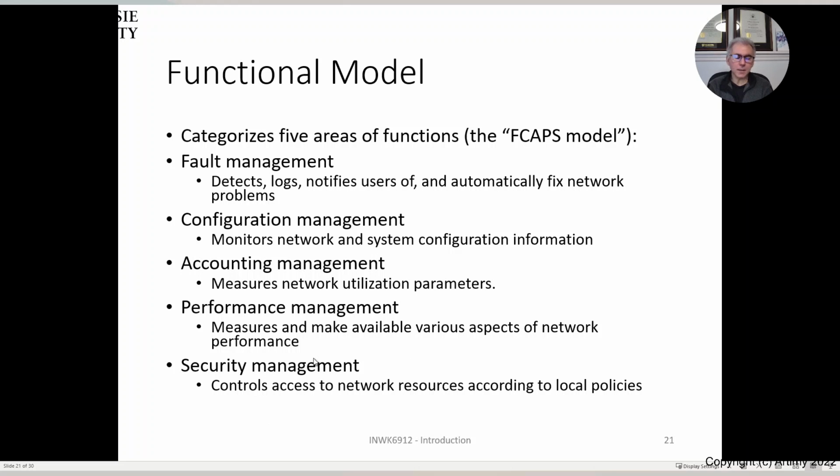And obviously, there is an overlap with security management. And we can see the security management here as the part responsible for securing the network itself, while when we talk about security in general, it also involves securing the data that moves along the network and securing servers and all of that.